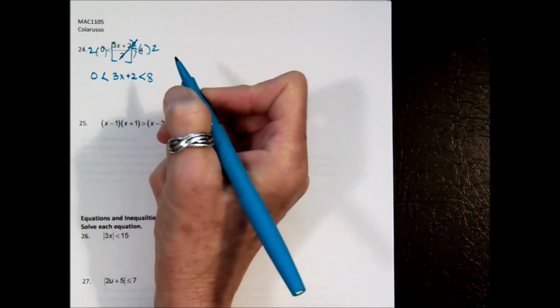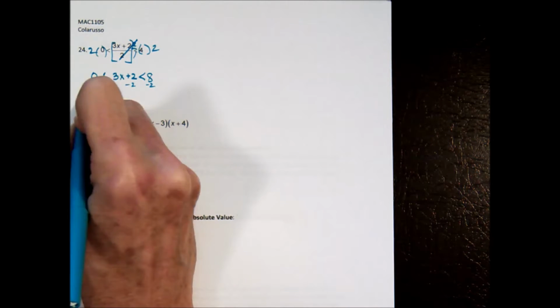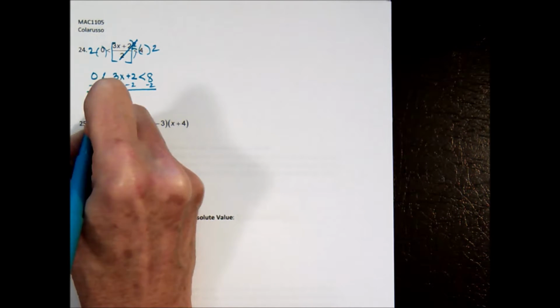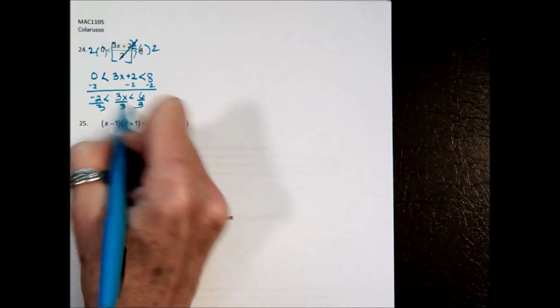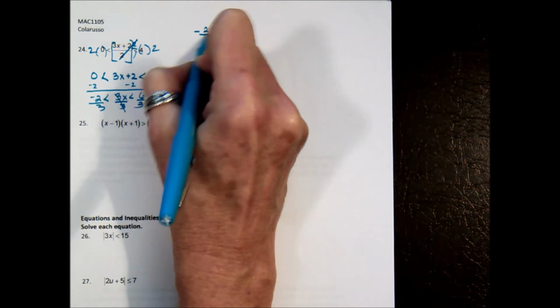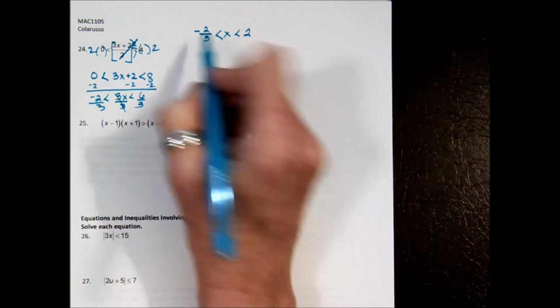The x is in the middle, so I need to get everything away from it and keep it in the middle. So -2 is less than 3x is less than 6. I now divide everything by 3, and I get -2/3 is less than x is less than 6 divided by 3, which is 2. So here it is as an inequality.